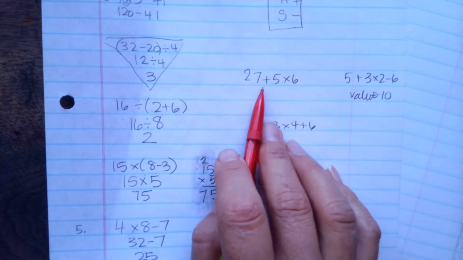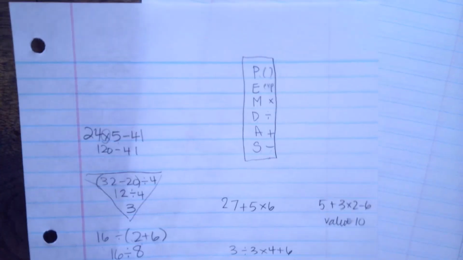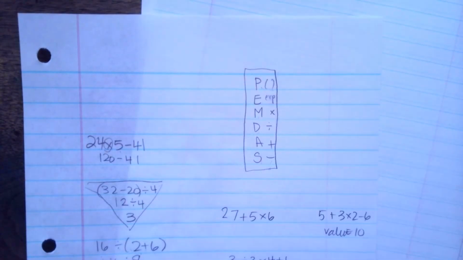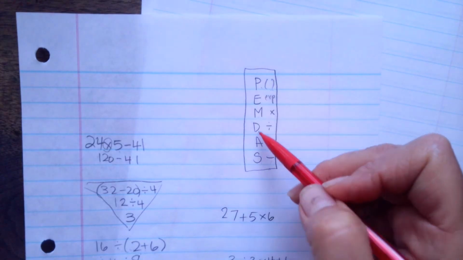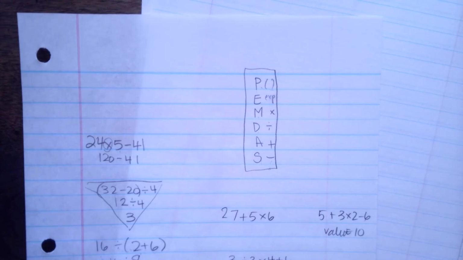Okay. Now our next one is 27 plus 5 times 6. What do I do first? Addition or multiplication? Addition. Look on my chart. Did you write this down like this? Mm-hmm. So look on your chart and tell me which one comes first when you're reading down. Addition or multiplication? Multiplication.